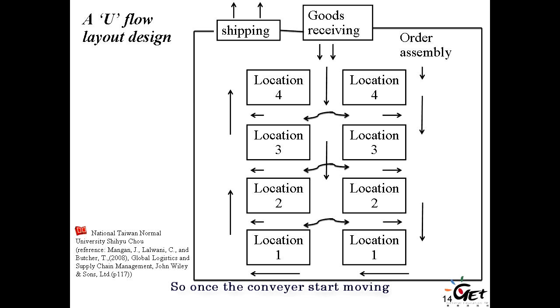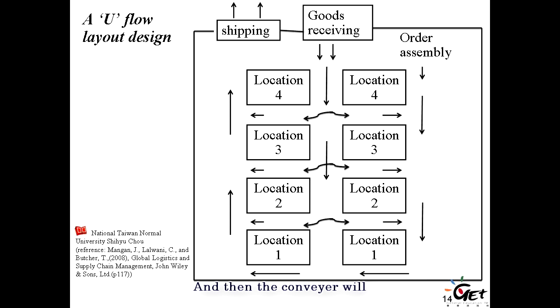So once the conveyor starts moving from here to the locations 4, 3, 2, 1, maybe we have 1 or 2 people standing here looking at the picking list and then picking items from these different locations and placing these items in the boxes, right?